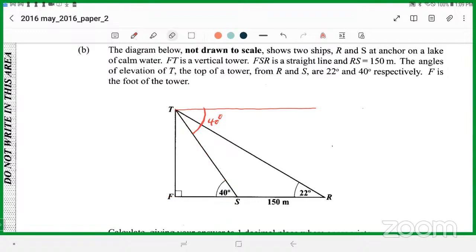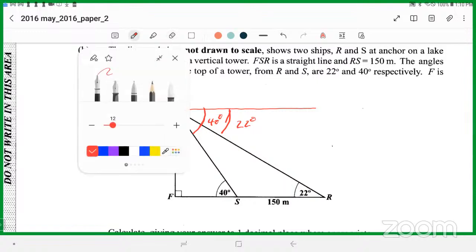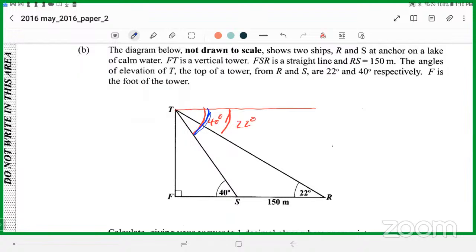And if I use Z angles here, bam, bam, bam, this angle will be equal to this angle, which should be 22 degrees. And so you would see that if this is 40 and this is 22, then the difference between them right here is 40 minus 22, which is the same 18.